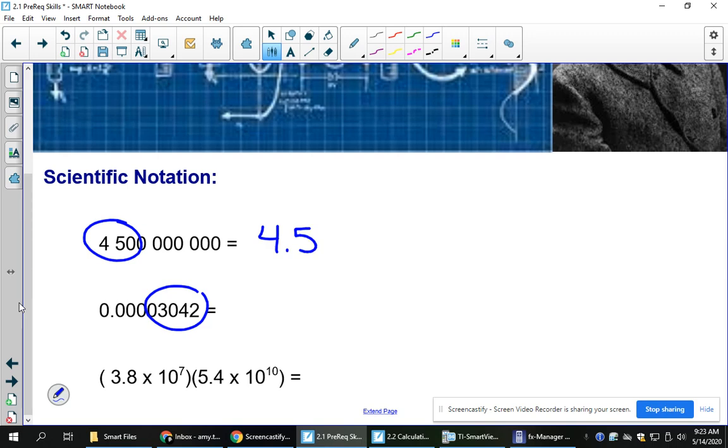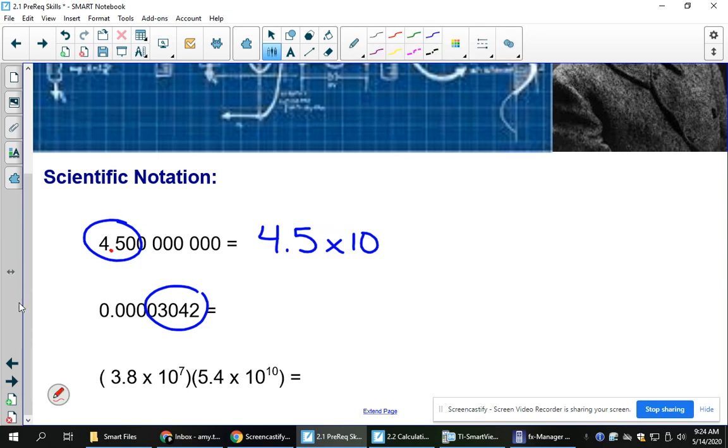Now, obviously, 4,500,000,000 is not 4.5. Those are not the same number. So what we need to do is we need to say 4.5 times 10. And what does timesing by 10 do? It moves the decimal over. How many times do I want to move the decimal over?